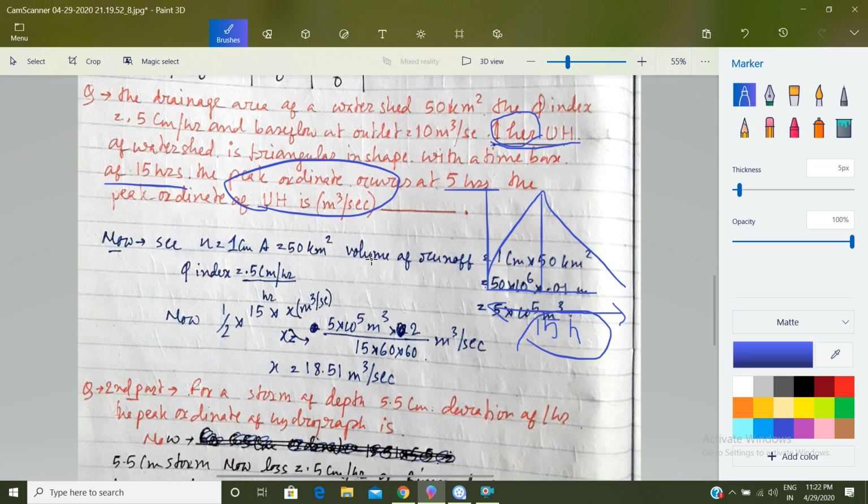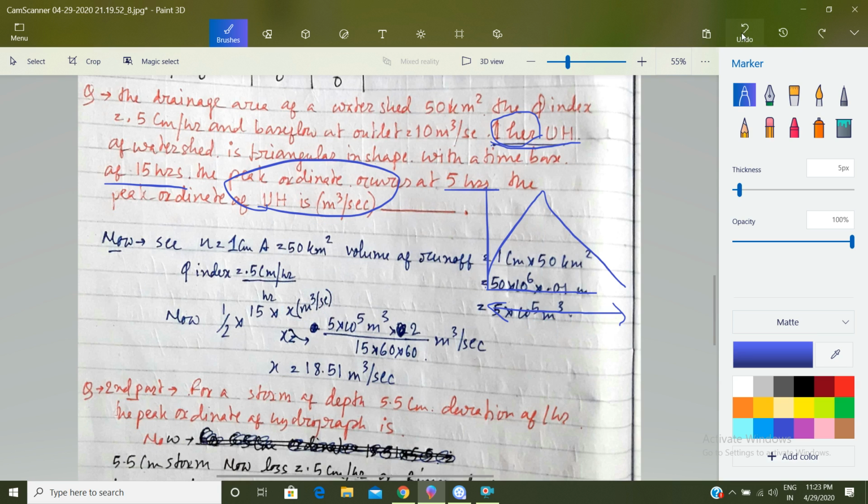What is the volume? The 1 centimeter depth, which means 0.01 meters, into 50 kilometer square, which means 50 into 10 to the 6 meter square. So this gives the total in meter cube. And half into 15 hours into 3600 seconds into Q meter cube per second will give you the Q value from this equation.